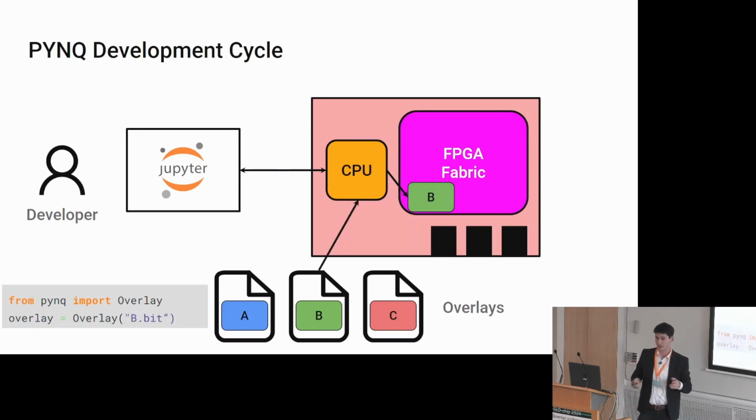If he gets bored of the first accelerator, he can easily reprogram the fabric just by rewriting the name, loading the next overlay. So the overlays, as such, are similar to the software libraries that we use in our programs.